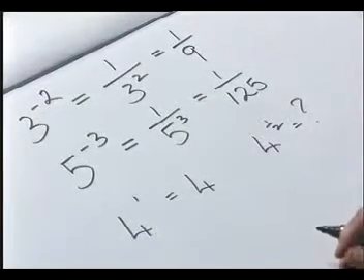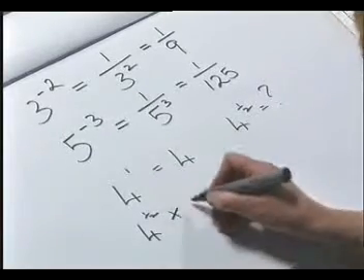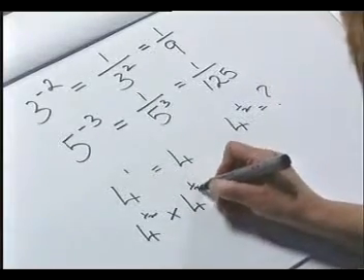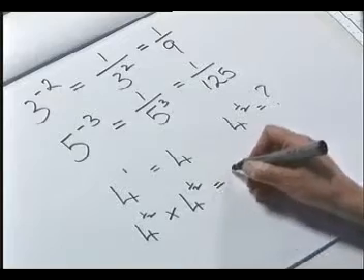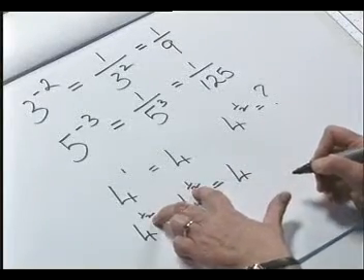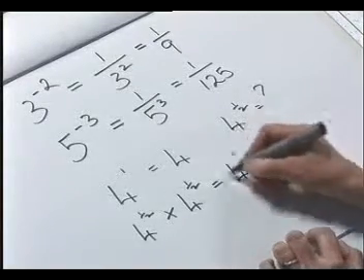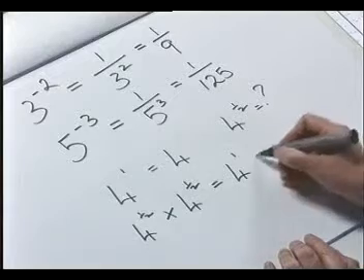What's its value? Well, looking at this, we know, using indices laws, that 4 to the half times 4 to the half must equal 4 to the indices added together. And a half plus a half is 1. But 4 to the 1 is just 4.